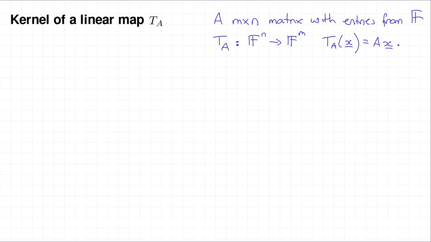And in this case, the kernel of T_A is the set of all vectors in F to the n which get mapped to the zero vector in F to the m.